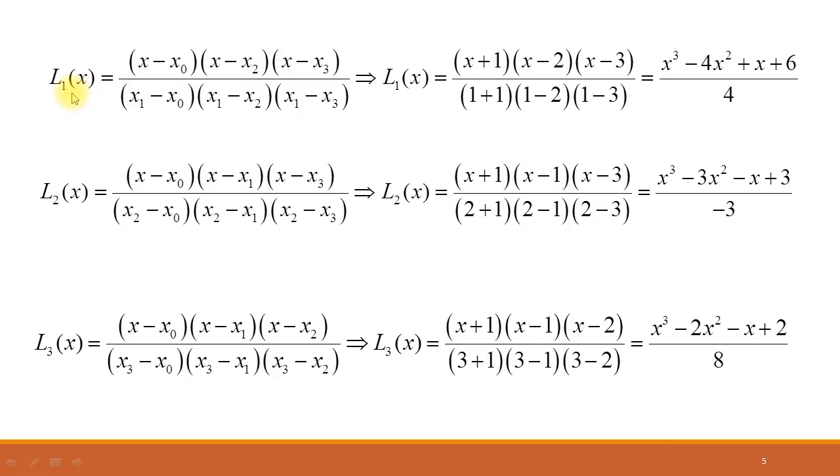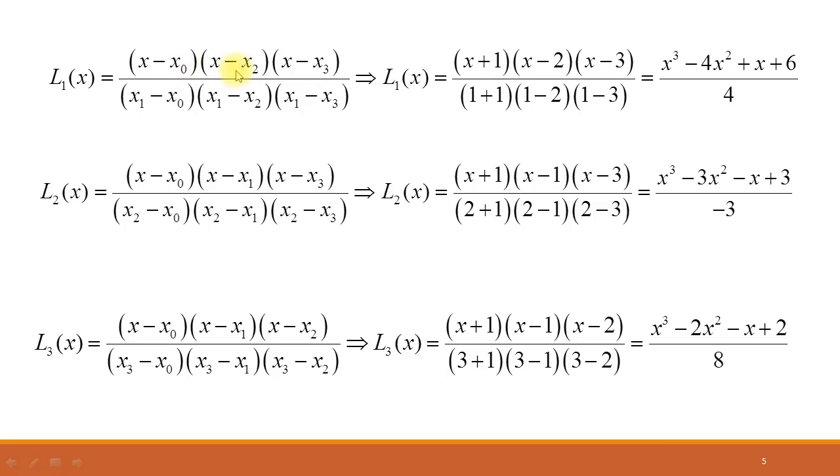So for L1, dear students, note that we do not write x1 in the numerator, and we subtract all remaining x values, x0, x2 and x3, from x1 in the denominator.